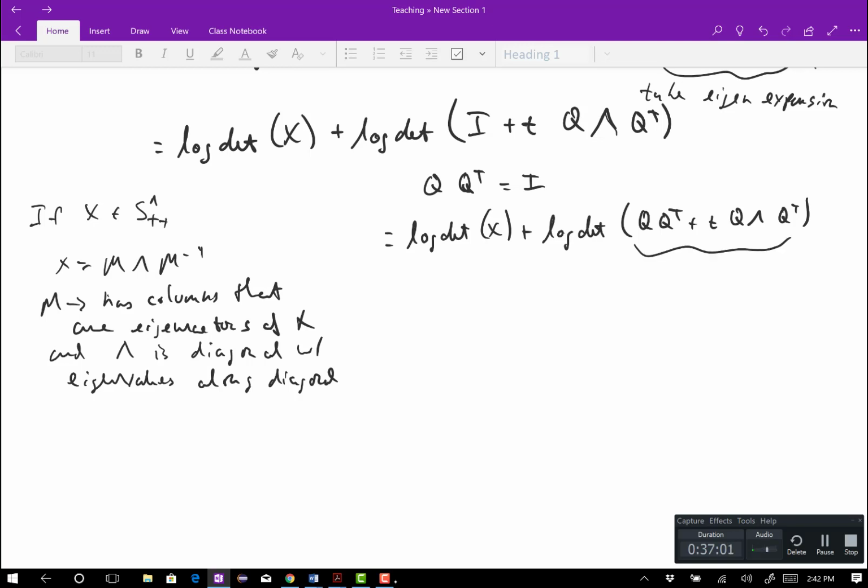And this is a diagonal matrix. So, if I have a diagonal matrix, the determinant is equal to the product of the diagonal entries.